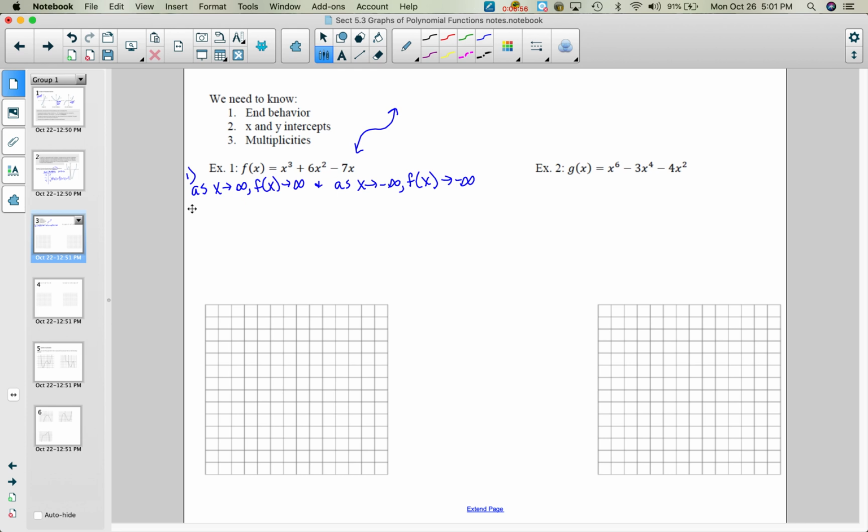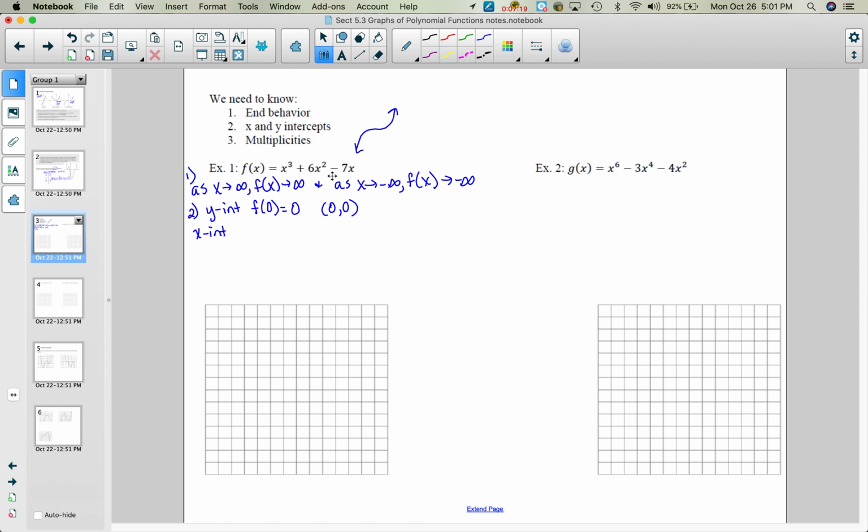Our intercepts. Let's do our y-intercept first, because that's super easy. You just evaluate f of 0, and when you plug in a 0, you get 0. So my y-intercept is (0, 0). To get my x-intercept, I'm going to have to factor this.